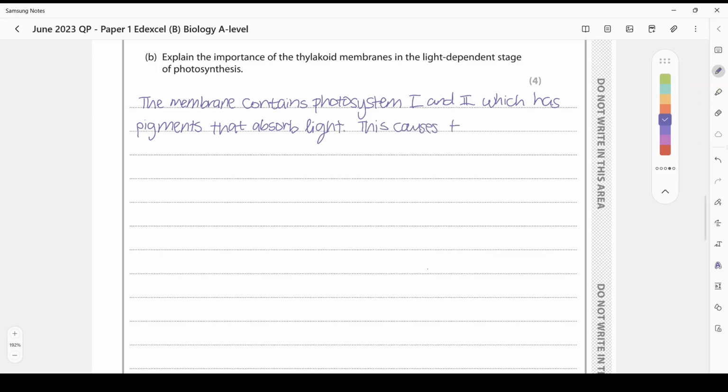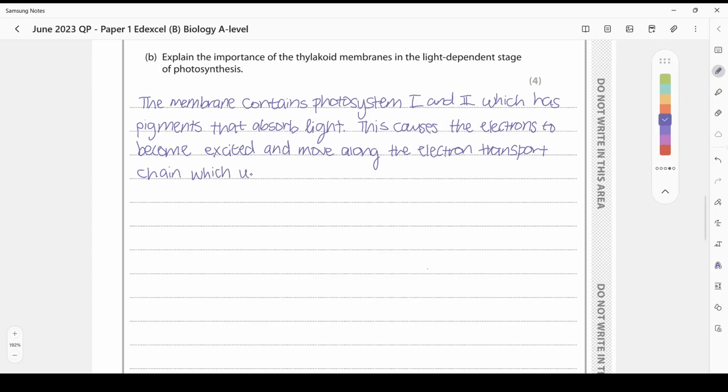This causes the electrons to become excited and move along the electron transport chain, which uses the electrons to pump, you can say protons or you can say hydrogen ions.